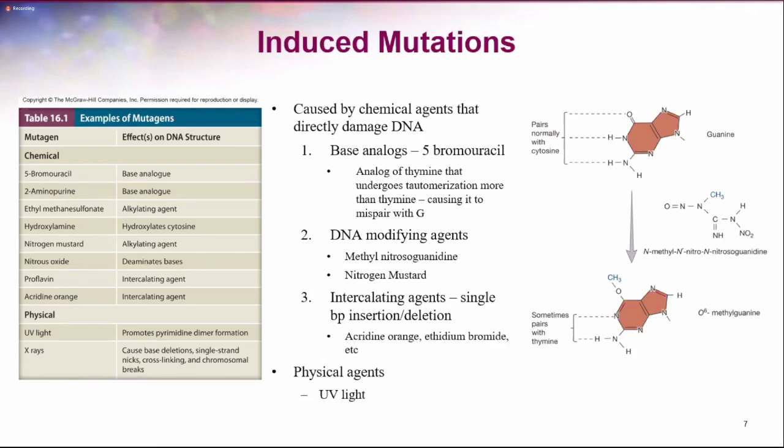You can also have a similar phenomenon where there are agents that will add methyl groups or alkyl groups to existing bases, changing their base pairing pattern. That results in mispairing, and then if that's inherited, would result in stable mutations as well. So there's a bunch of these different mutagens that can be used. When I was working in a genetics lab, we used UV light.